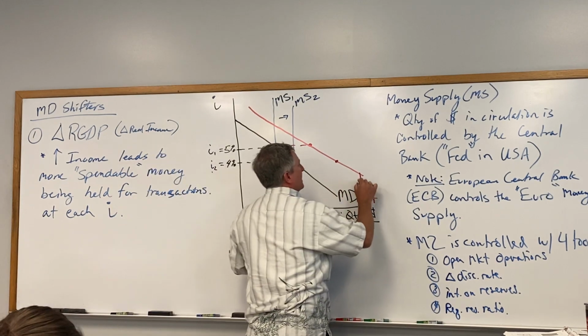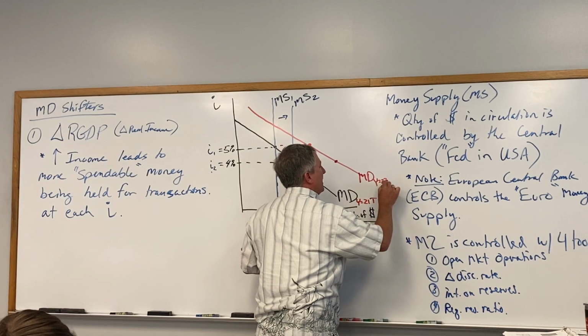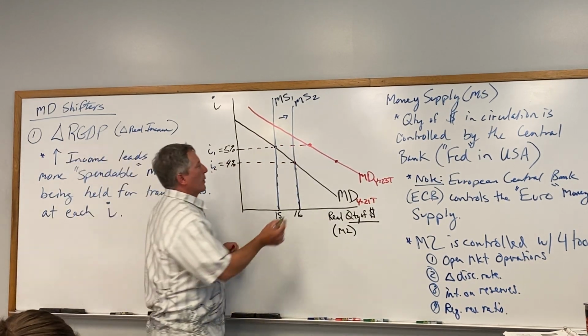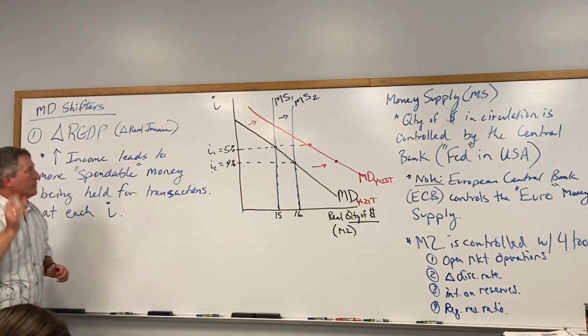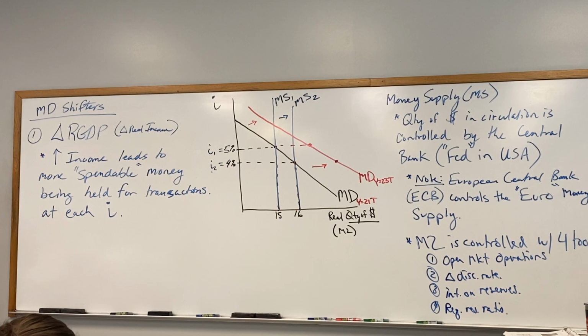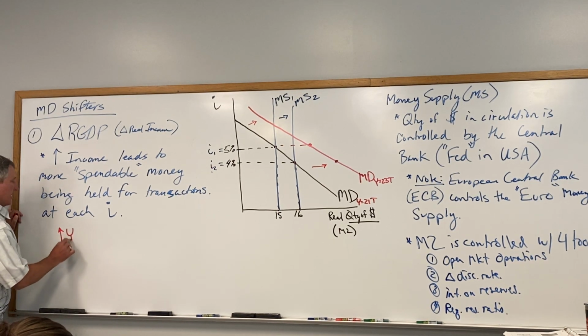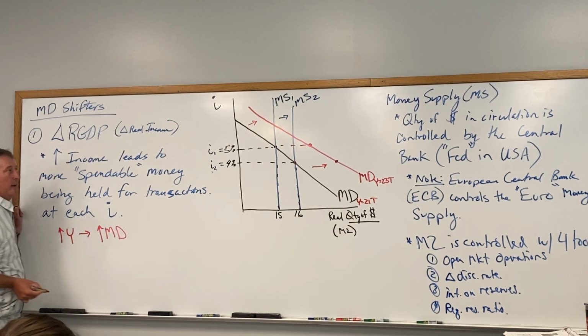And so the money demand at 23 trillion is located to the right of where it was before. So an increase in real GDP leads to an increase in money demand.